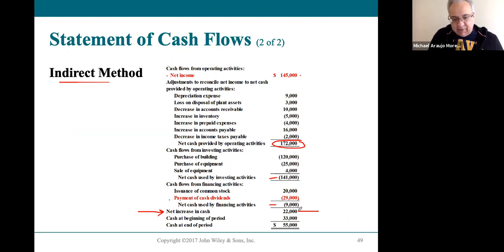The difference is 22,000. That difference should be accounted for when you look at cash from the last period to this period. So their cash balance was 33,000. It's now 55,000. That's a $22,000 increase, and this is the reason why. Now we know why there was an increase in cash.